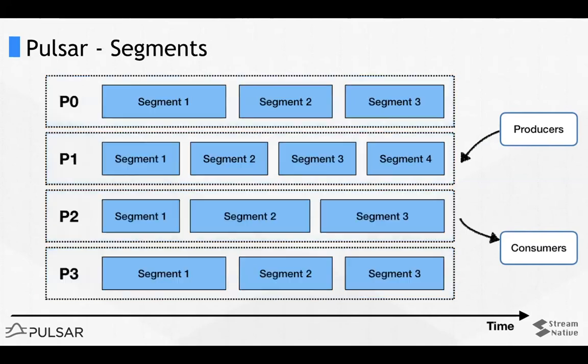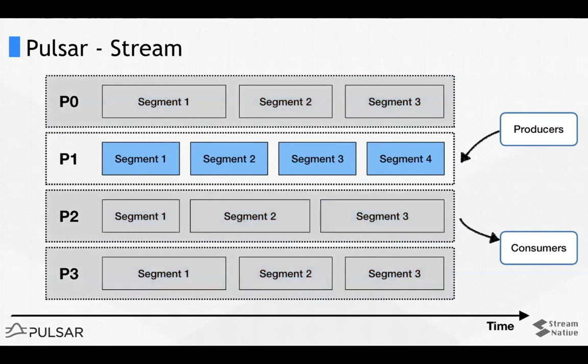Each partition is physically broken down into multiple segments, and the segments can be mapped into a blob in a Blob Store, or stored as a ledger in Bookkeeper. This allows you to distribute the segments across your storage layer.